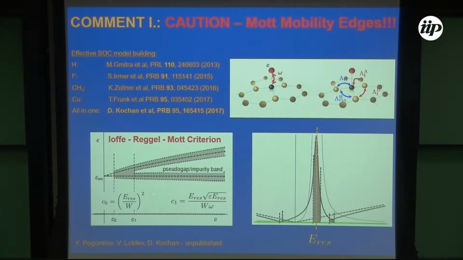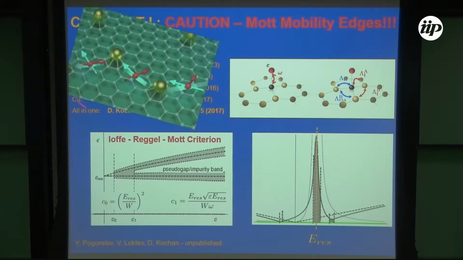This is the function of how the mobility gap changes as a function of the concentration. It could very often happen that if you cross some characteristic concentration, which is dictated by the graphene bandwidth and the resonance energy, we will see that those states are not extended states but localized states. So for those who are doing transport based on the Green's function, I just want to tell you that from time to time it's necessary to check whether the Ioffe-Regel criterion is satisfied.